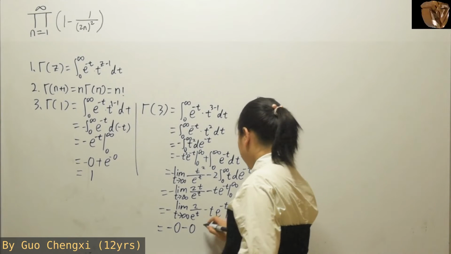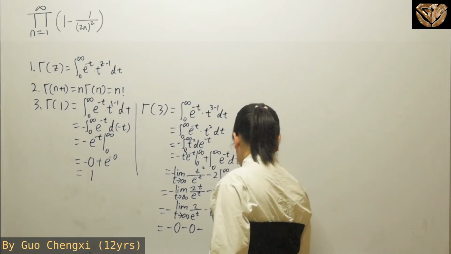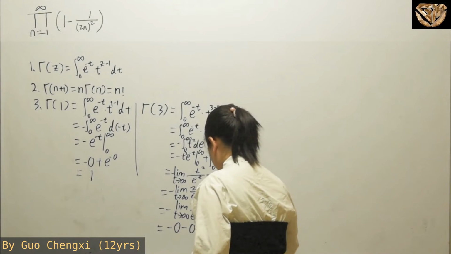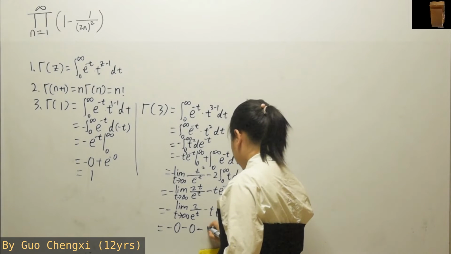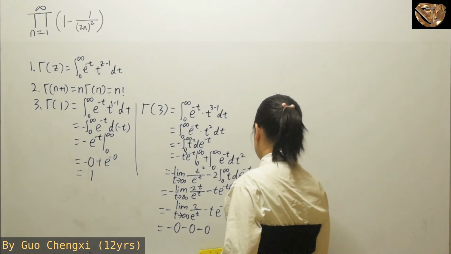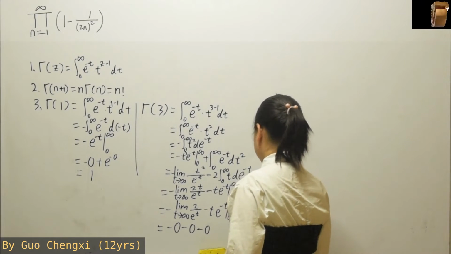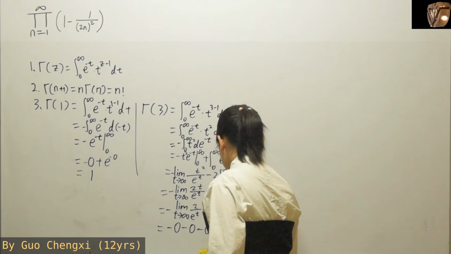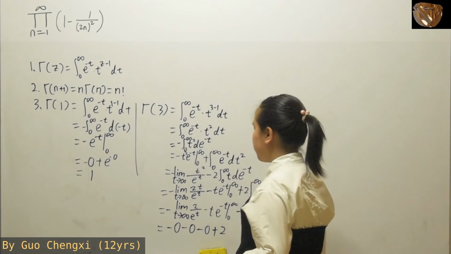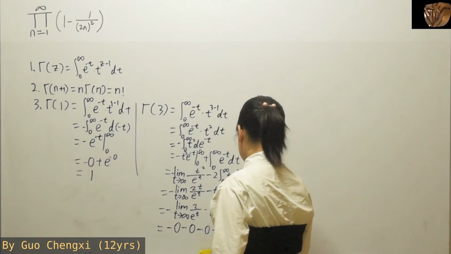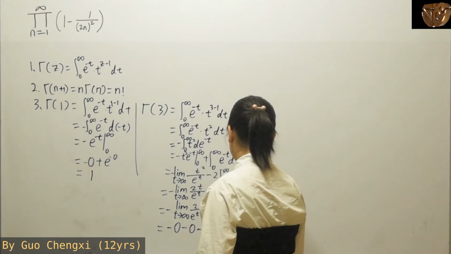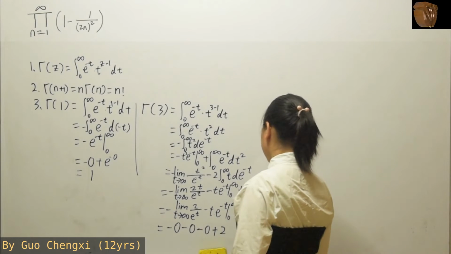For this part, on the other hand, you have minus 2 to the power of negative infinity. So once again, it's another minus 0, because negative infinity is at the power. Then after that, it will be plus, because the two minuses cancel out each other.